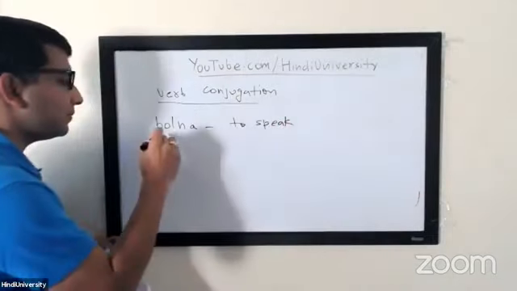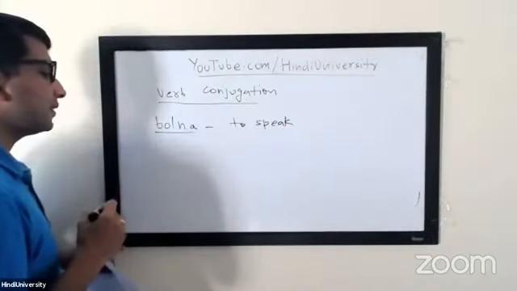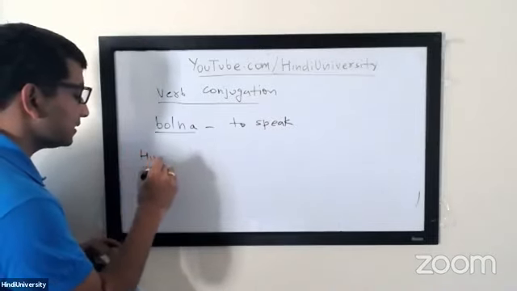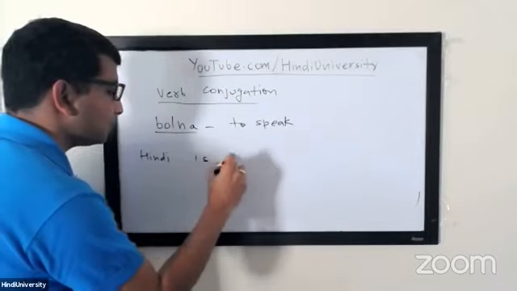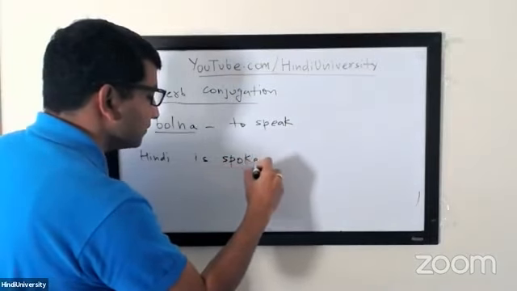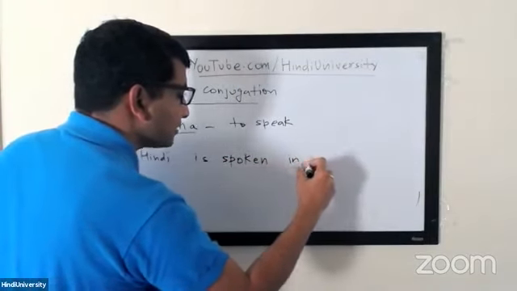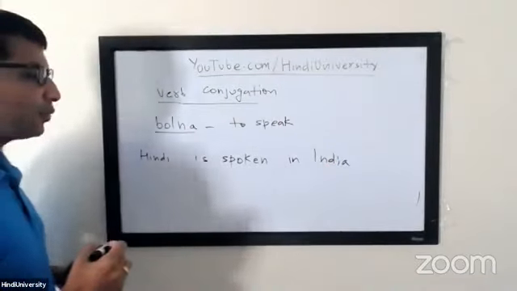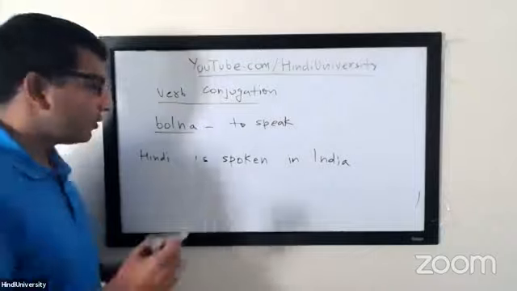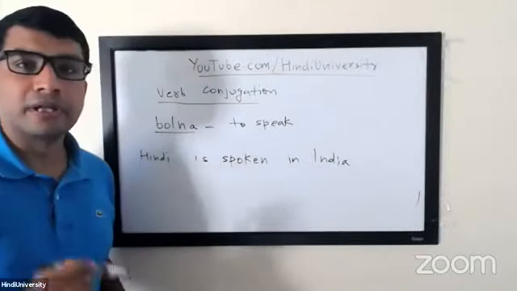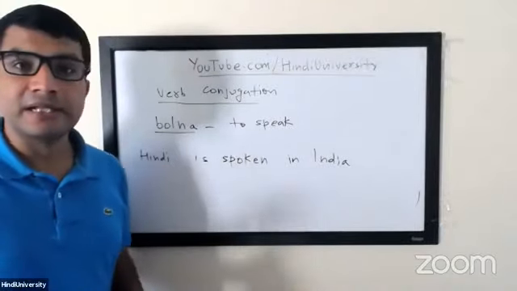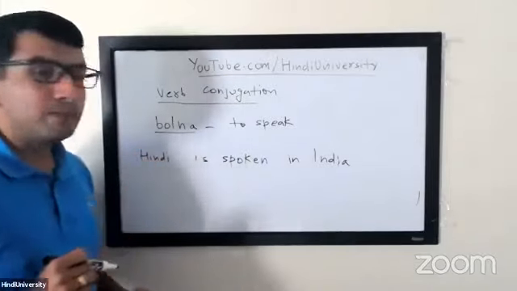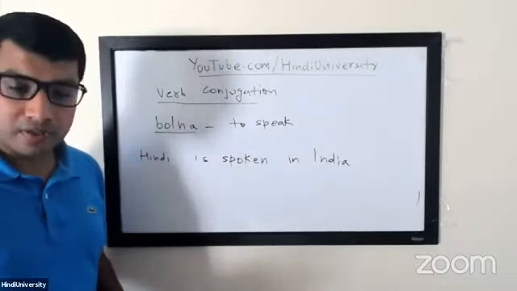Now, if the sentence is Hindi is spoken, let's say I want to say in India, among many other languages, Hindi is spoken in India. Now you see, I didn't write Indian people or people in India speak Hindi. I wrote this sentence in passive voice. Hindi is spoken.